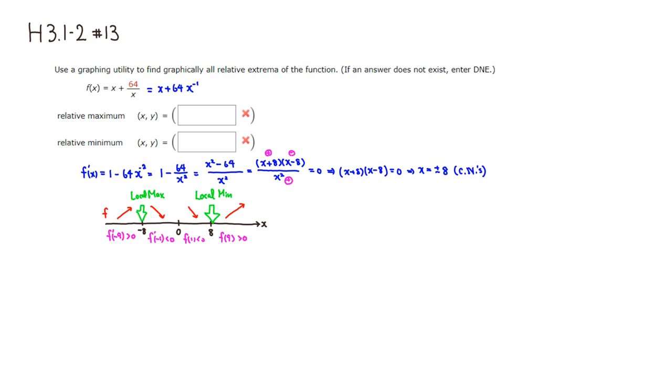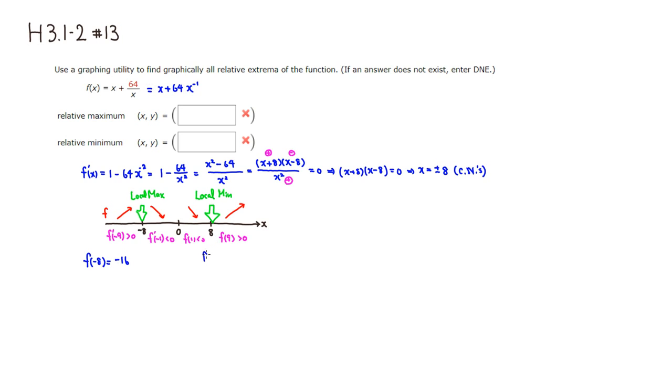So we just need to find the corresponding function value here. I'm going to find f of -8, so that's at this point. It's going to be -8 minus 64 over 8, which is -8, so it's going to be -16.